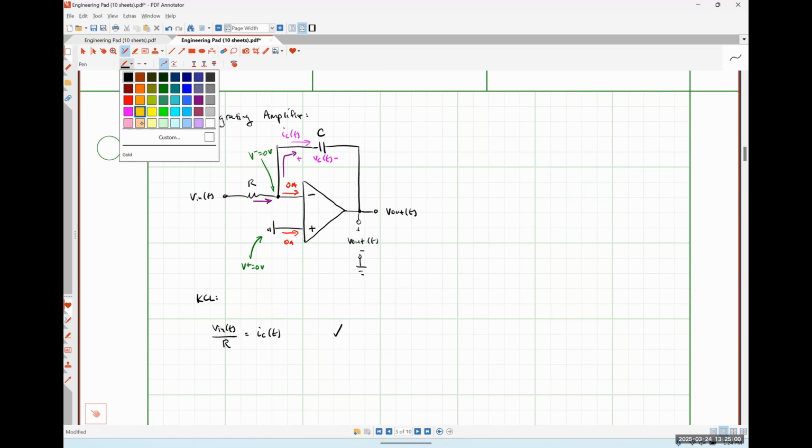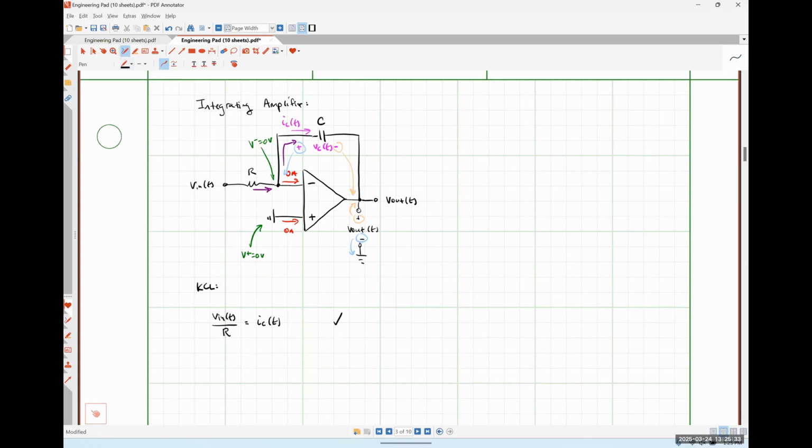Notice that the positive polarity terminal of the output voltage is at this node, and the negative polarity terminal of VC is at that same node. We can also observe that the negative polarity terminal of our output voltage is at ground, and the positive polarity terminal of VC is at ground. So that means that VC and V out are the same voltage, they're just of opposite polarities, right?